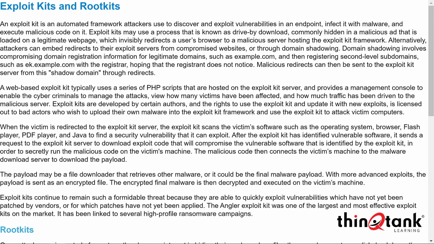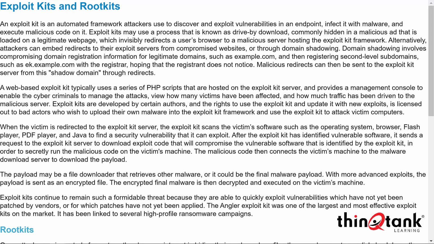Now, these particular types of exploits, and a lot of different types of exploits, do come as pre-built kits, which also makes them very easy to implement, especially if the attackers don't have a lot of programming skills or technical knowledge. They're more like script kiddies, if you will. They can still execute these exploits.